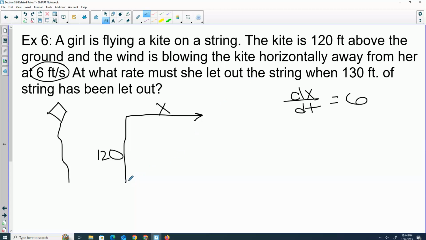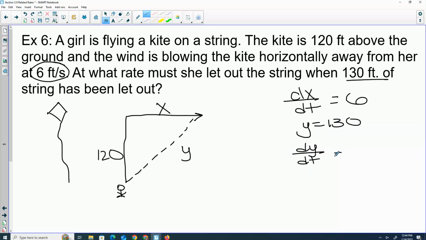The hypotenuse. Your string is going to be your hypotenuse. So the girl's standing down here, her kite went up, now it's floating this way. And as it floats, you have to let out more string, right? So if I call this side y for a second, I know I'm looking for the instant when y is 130, and I want the rate, so that would be dy dt.